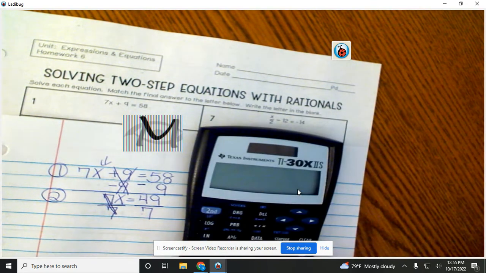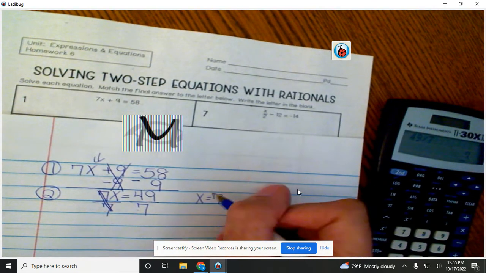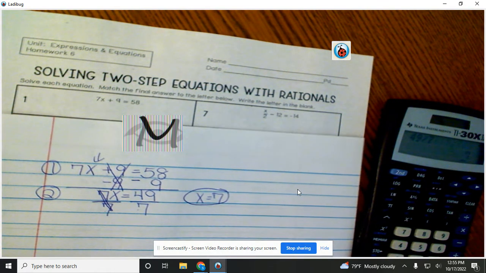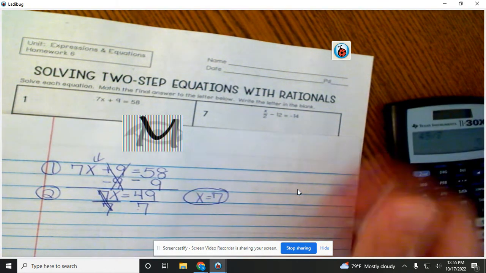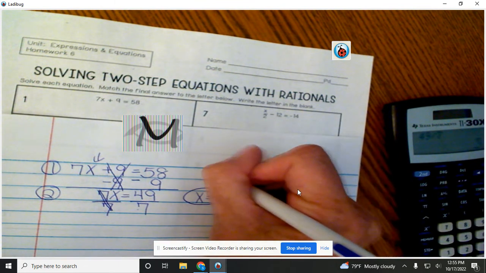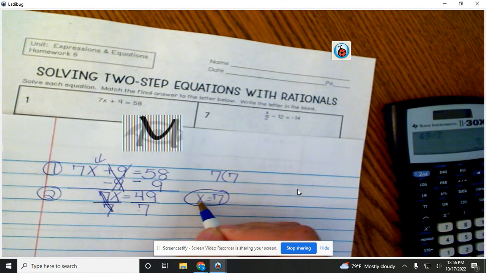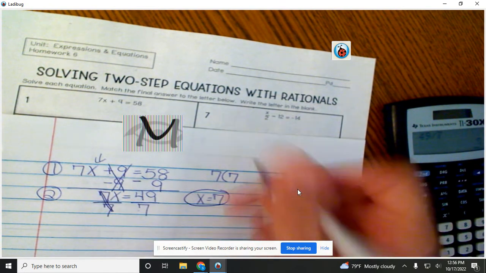Remember, if you have your calculator, it's absolutely silly not to double check your work. 49 divided by 7 equals 7. So if I did this correctly, my answer should be 7. But because we always want to double check our work, we're going to insert 7 where the x is.